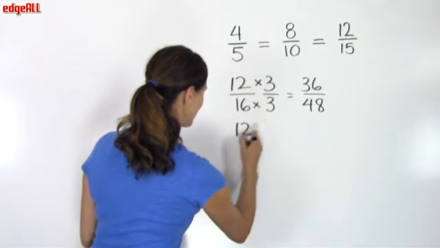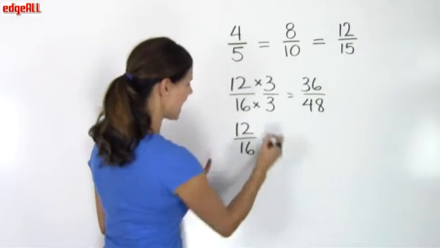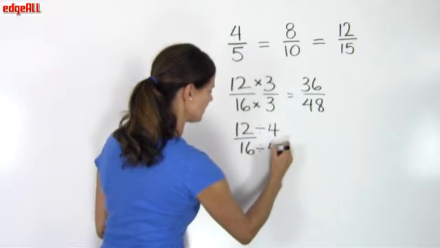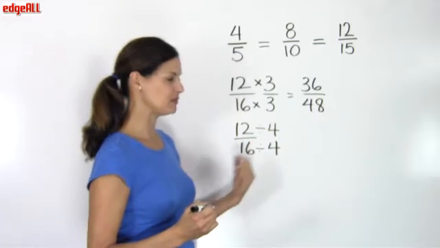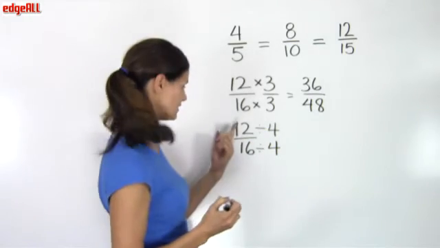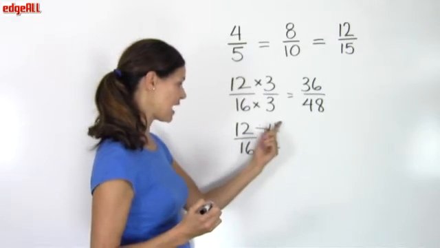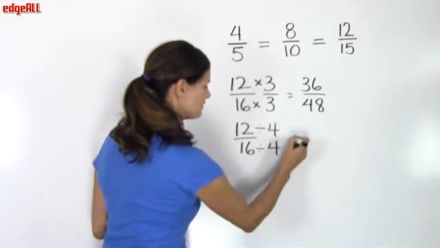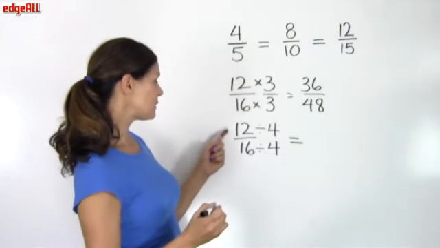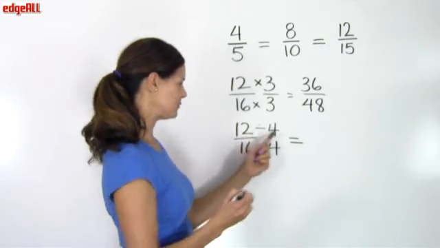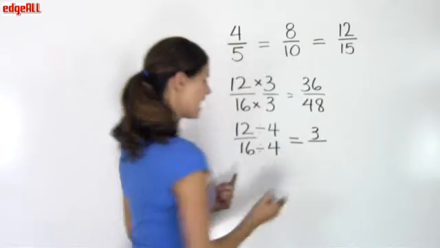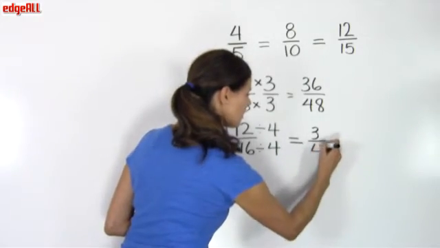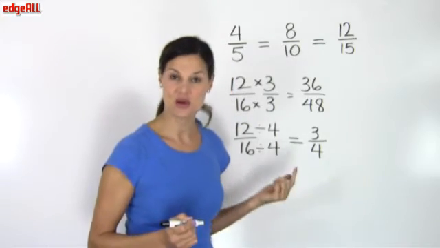So if I took 12/16 and divided both top and bottom by 4, which means I'm dividing 12/16 by a number over itself, which is 1, it's going to keep the value of 12/16. So I do my numerator, 12 divided by 4 equals 3, and in my denominator, 16 divided by 4 equals 4. And I now have another equivalent fraction.